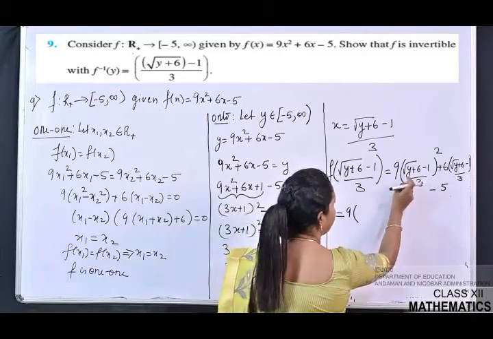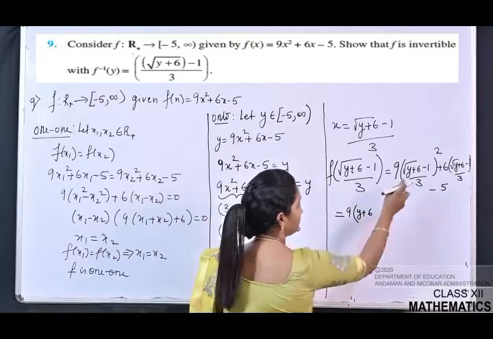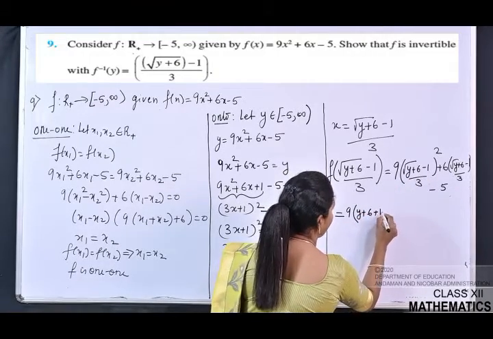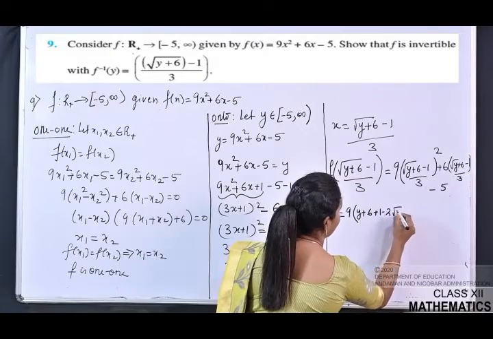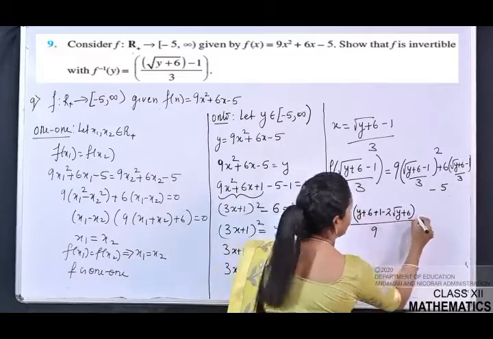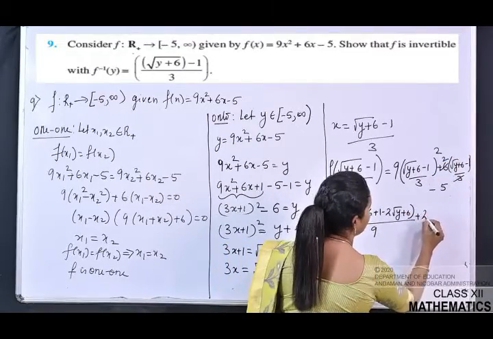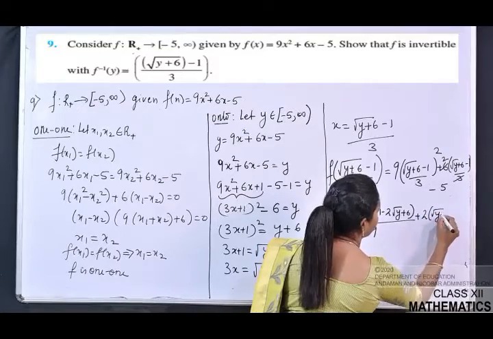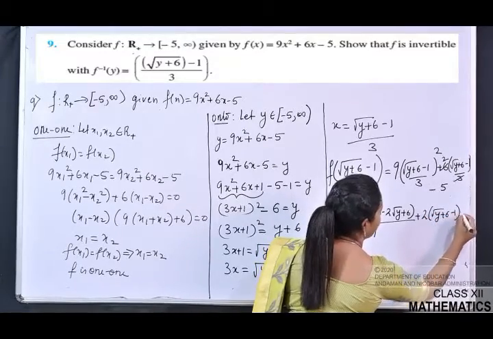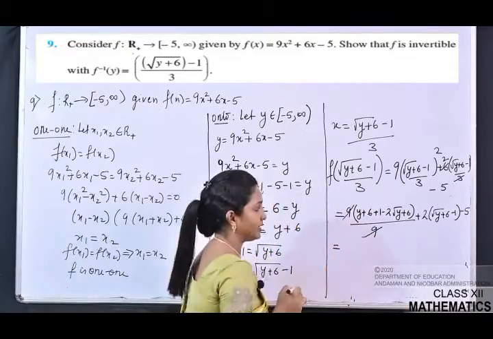So when you expand it, a square means root हट जाएगा, you will be only getting y plus 6, and then plus b square minus 2ab, so minus 2 root of y plus 6 by 9, plus यहाँ पे यहीं पे कैंसिल कर दीजिए, तो क्या बचा आपको, 2 into root of y plus 6 minus 1 minus 5. This 2 again cancels out.